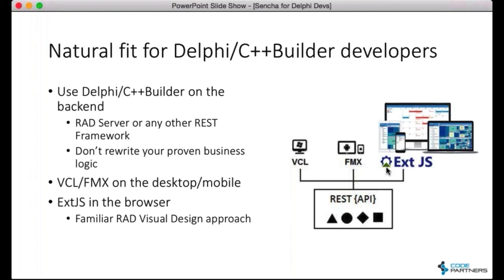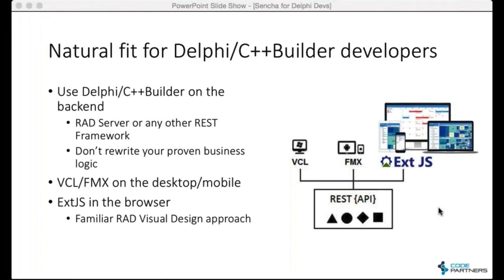You don't have to rewrite all the business logic that's already running. So you could have Delphi or CBuilder on the back end, or something else, or a combination of things, .NET or Node.js on the back end, VCL or FireMonkey on the desktop or on mobile, and ExtJS in the browser, all talking back to that same common back end. That's a really common pattern that you'll see again and again in this scenario, and it fits nicely into a lot of existing Delphi applications.